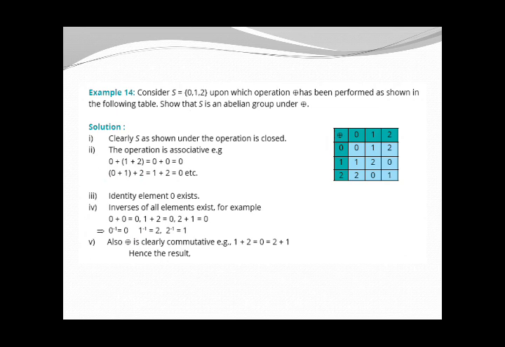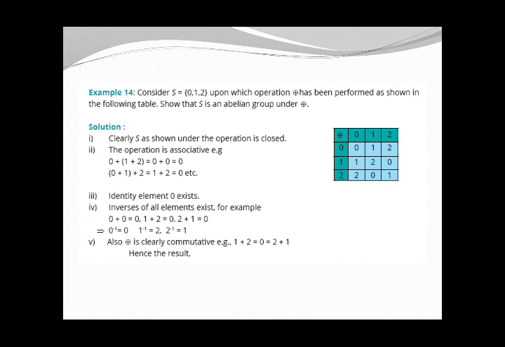Next is identity. For addition, the identity is always 0. For inverse, we find the pairs which show the answer is 0, and from the table we see 0 plus 0 is 0, 1 plus 2 is 0, and 2 plus 1 is 0.